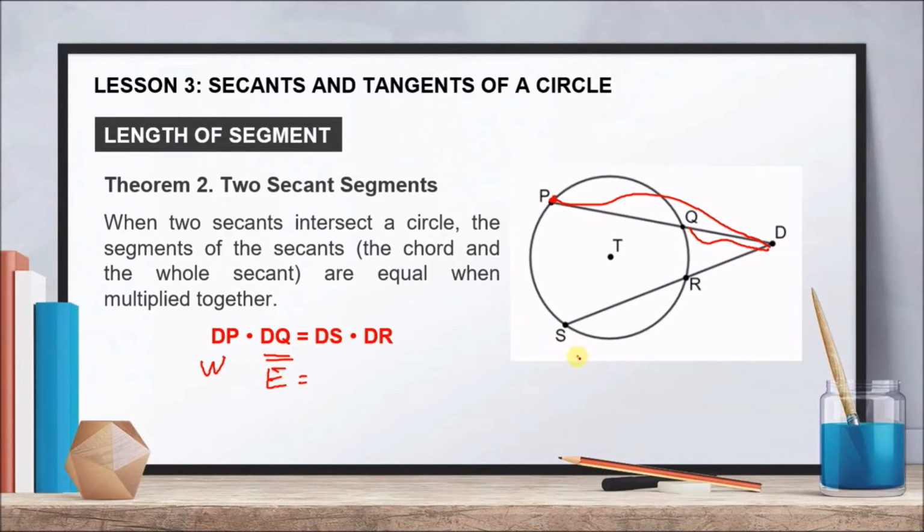DS is the whole part of our secant, happens to be W, and you are going to multiply that by the external part, happens to be E. So, let's put it here. It sounds funny, but you will realize that the acronym is WE. Okay? Remember the acronym so you won't be confused with that formula.